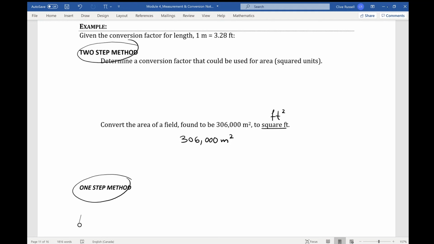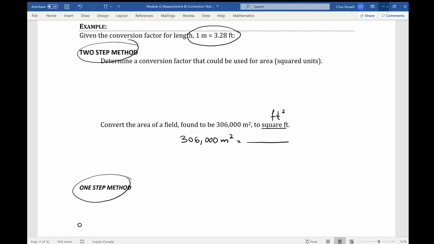So we'll do this by multiplying by a unit factor. If you look right here, you'll see we have a conversion between meters and feet. So let us ignore the meters squared for now and treat this as if it were purely meters.